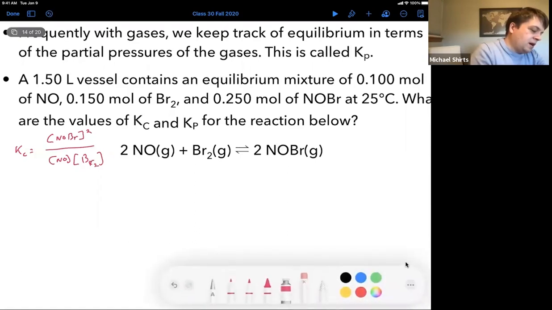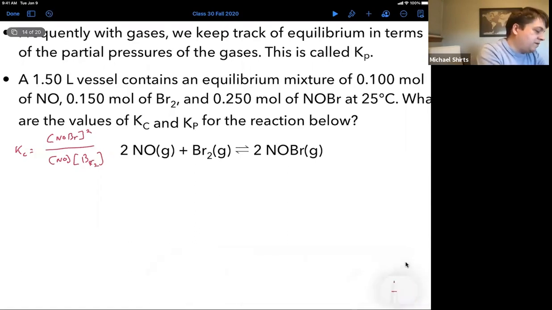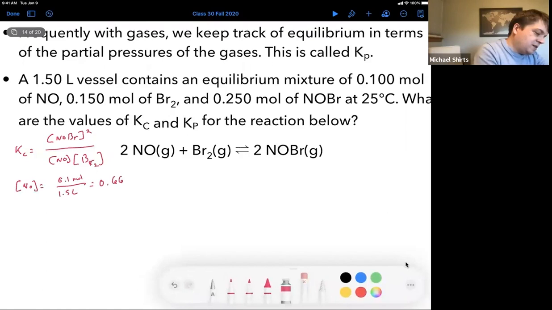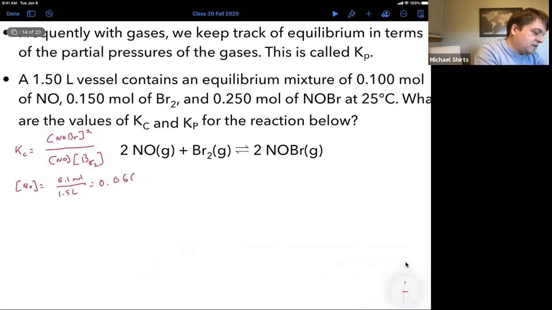All right, so we can read right off essentially the concentration of NO because it's 0.1 mole over 1.5 liters, so that's 0.0667 molar.